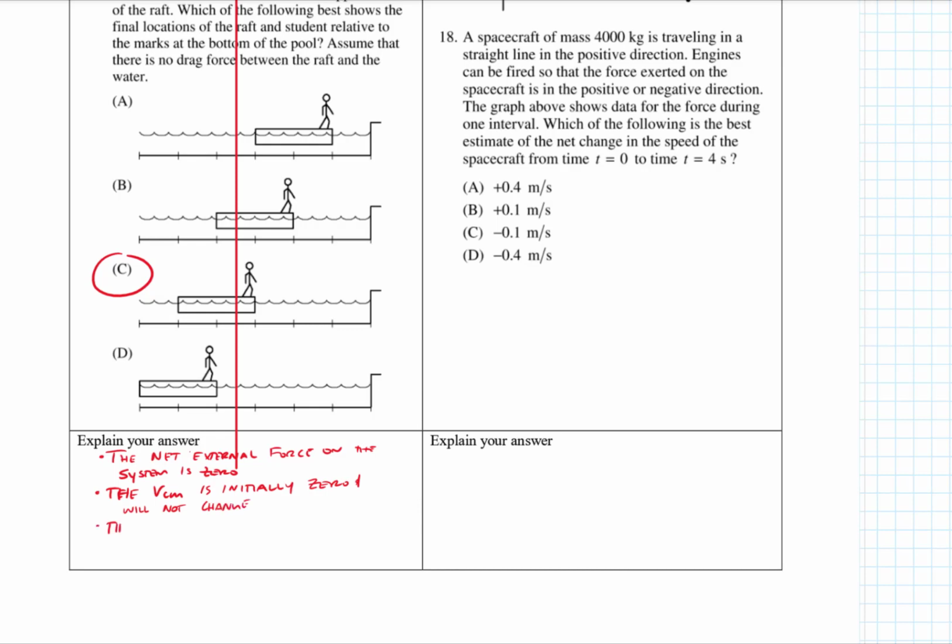No net force, no change in velocity. That means the location of the center of mass also will not change. It's going to be in the same spot. That's why we drew that line all the way down the middle. And I know that the center of mass has to stay in between the boy and the middle of the boat. So the only time that position in between the boy and the middle of the boat is on my red line is for part C.